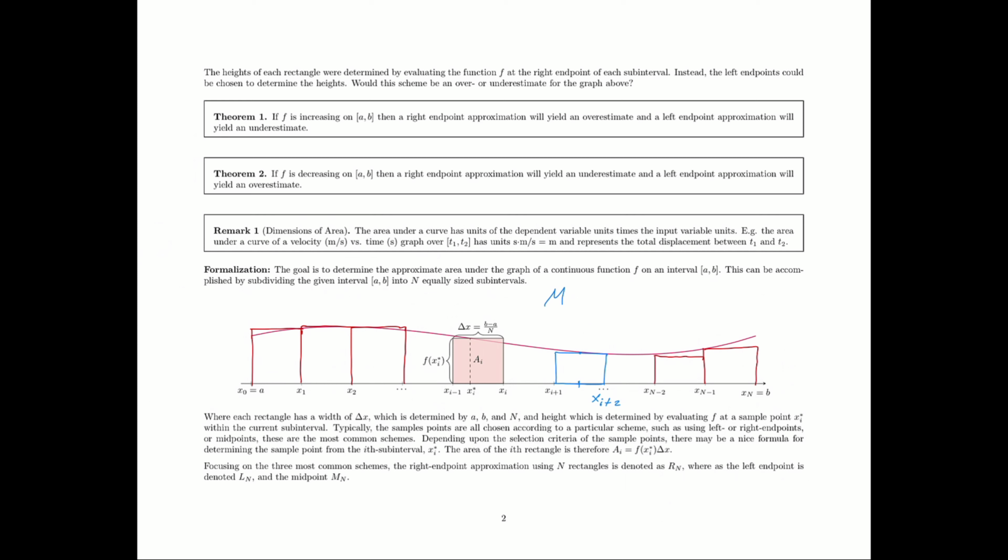But the thing we need to keep in mind is, as long as we have a sufficiently large number of rectangles, in other words, as n gets really big, then whether we use the left endpoint approximation, the right endpoint approximation, the midpoint approximation, or some other scheme, for instance, maybe you choose the maximum height, maybe the minimum height, maybe not the midpoint but the quarter point or the 3/4 point.